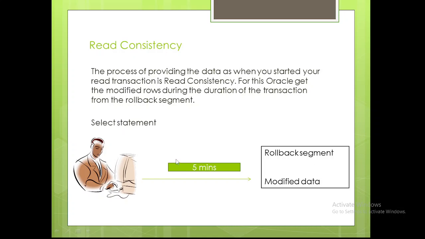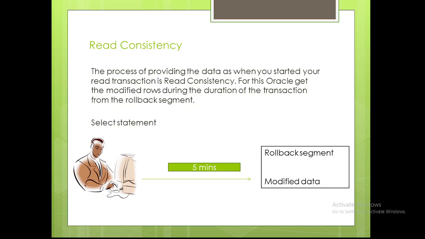So you will get 999 rows from the table as they are, but for the one row you will get the undo data from the rollback segment, so that you get consistent data from the Oracle database. When you have started the transaction at 10 o'clock, you will get all the data as per the state when we started our transaction.